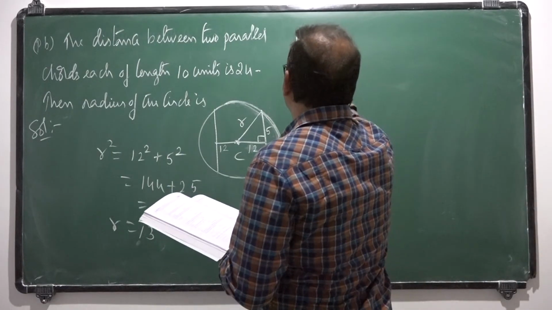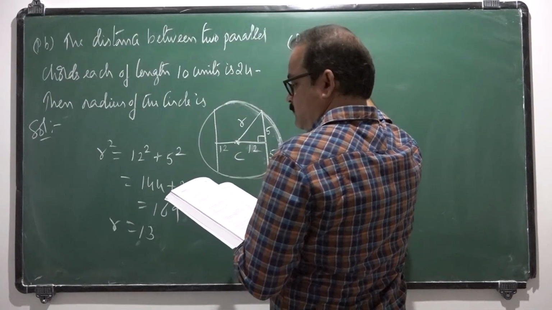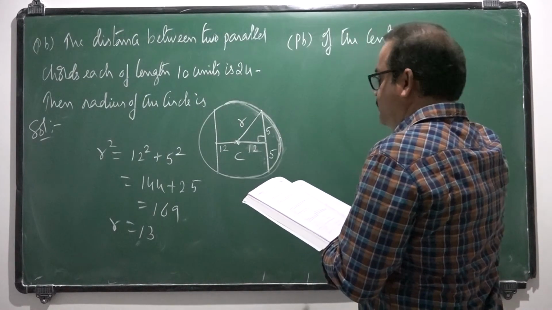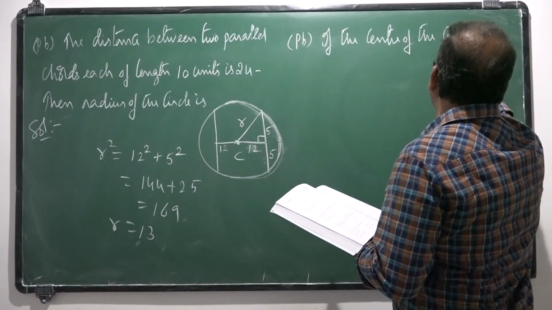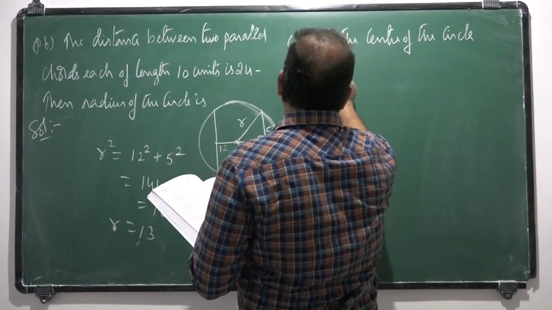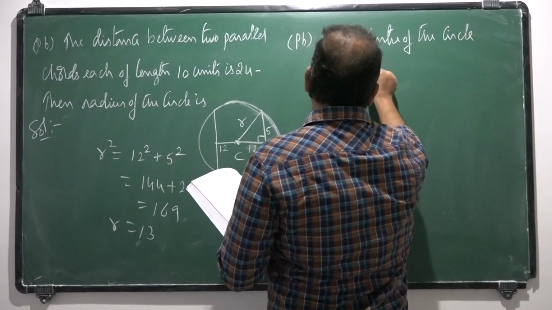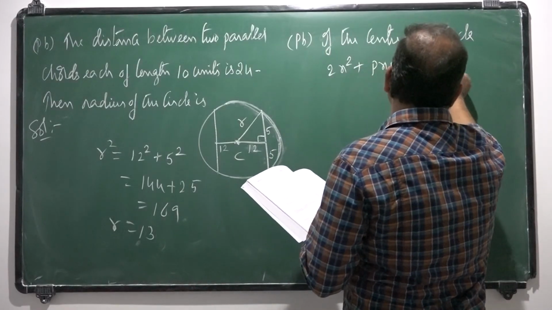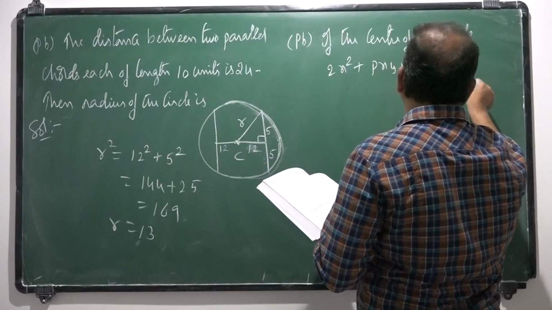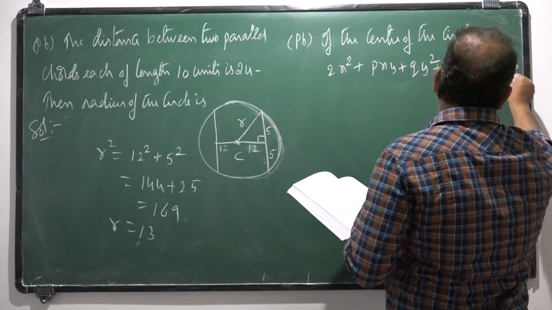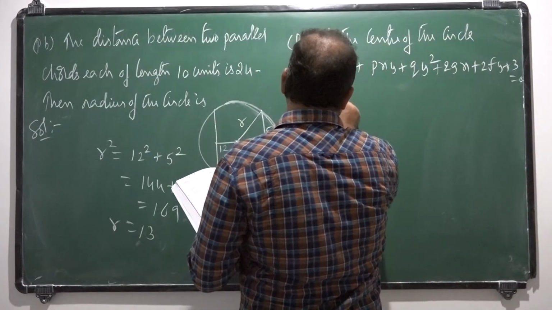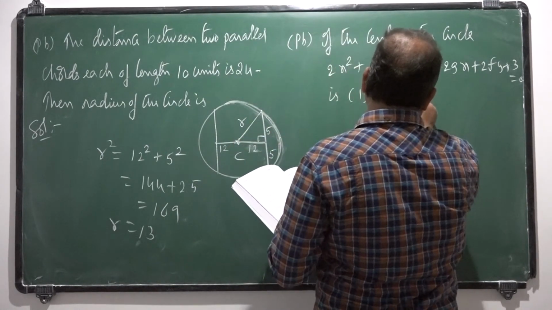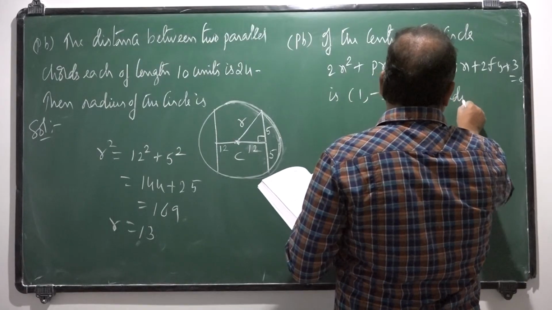Next, if the center of the circle 2x square plus pxy plus qy square plus 2gx plus 2fy plus 3 is equal to 0 is 1 comma minus 3, then a radius is equal.